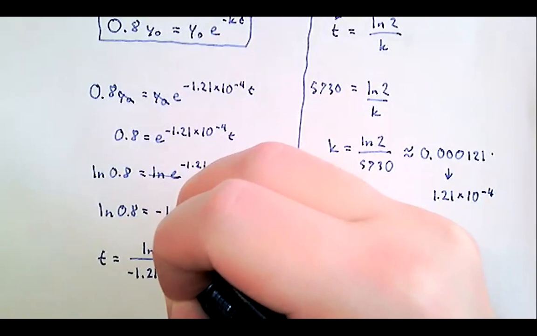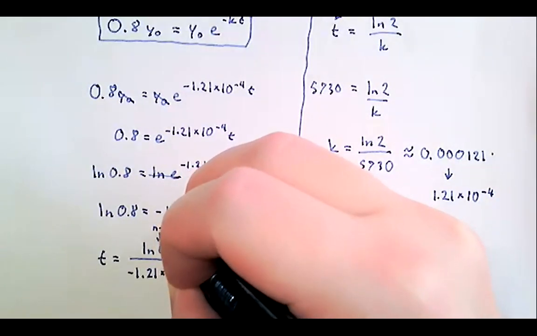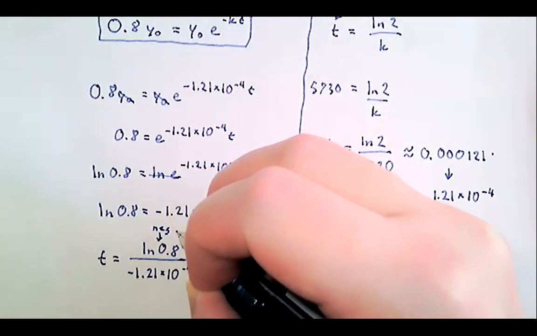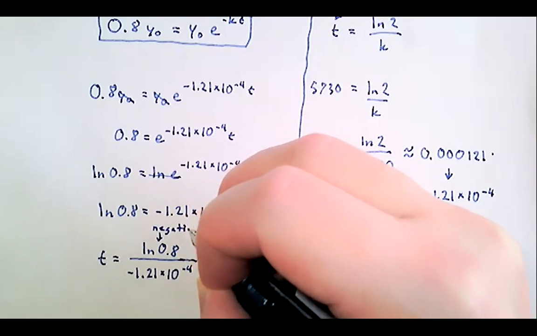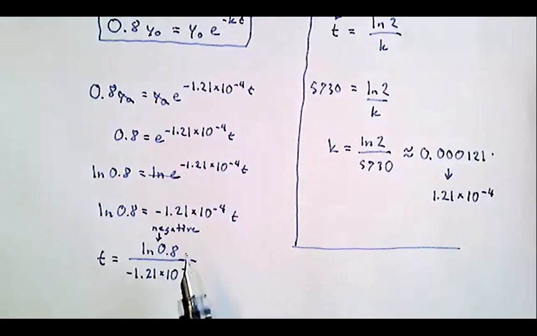Something to keep in mind about logarithms is that logarithms can be negative when you have numbers smaller than 1 inside of them.